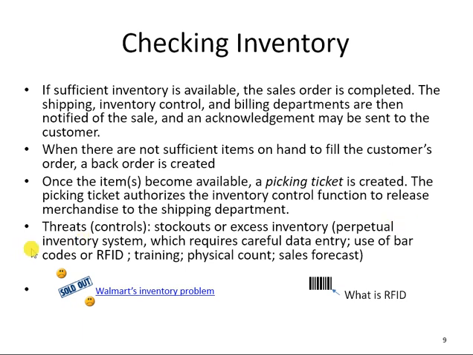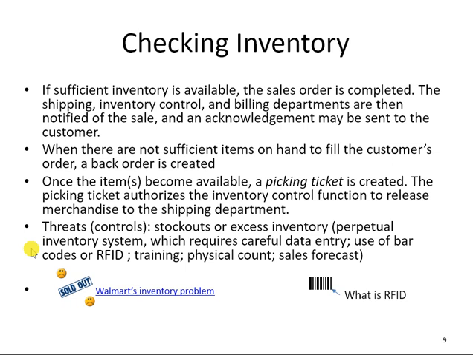In accounting, we talk about that. Because the perpetual inventory system is going to give us real-time inventory numbers. This can avoid any unexpected stockouts or excessive inventory problems.